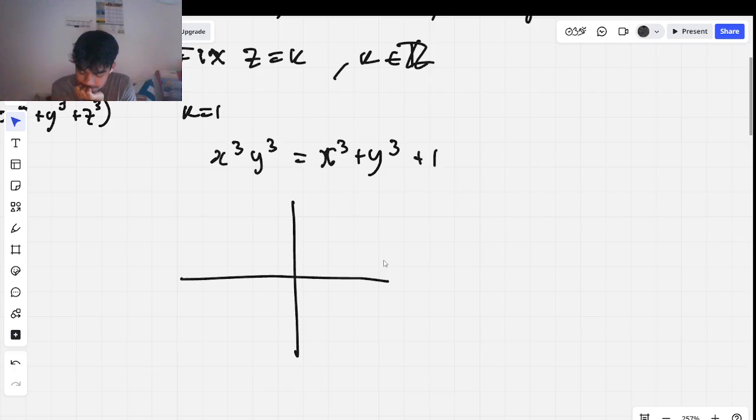Well, surely, this is going to look different. This doesn't have the same symmetries. It does have a symmetry on x equals y and x equals minus y. Does it? Not minus y, perhaps.